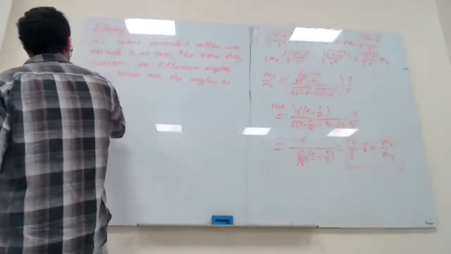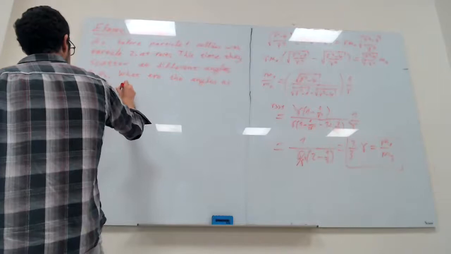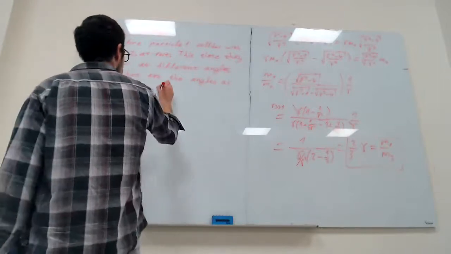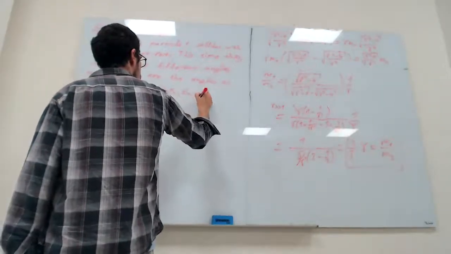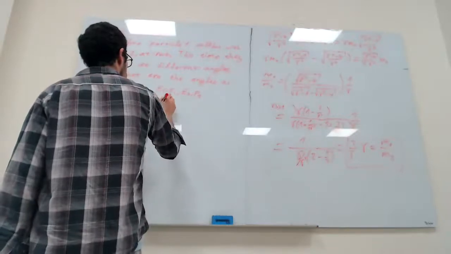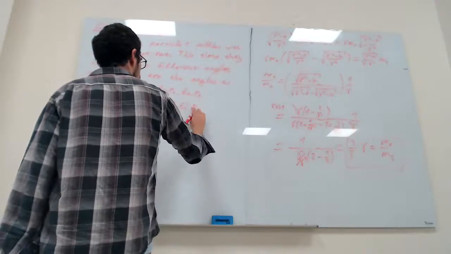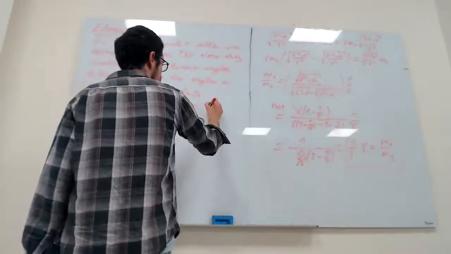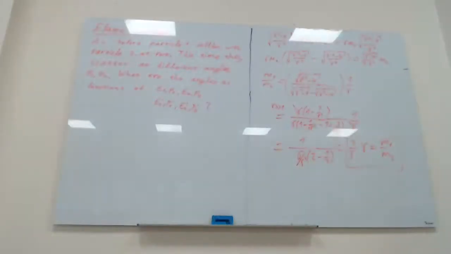They are functions of E1, E2, E1 tag, E2 tag. That's what I tried to do on Sunday before this thing started drilling. We have the incoming energy and momentum, and the outgoing energy and momentum. We want to find out the scattering angles.